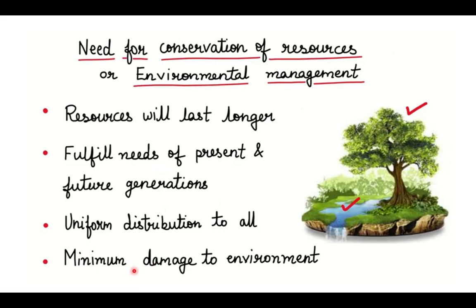Not only that, damage to the environment should be limited, that is, minimum damage. We should not damage our environment on a large scale. Only in a limited quantity can it be done. These are all possible only if conservation is done.